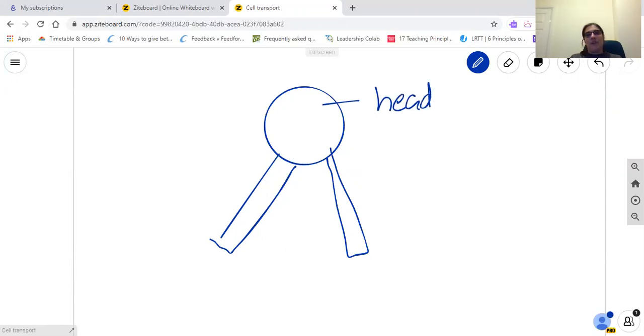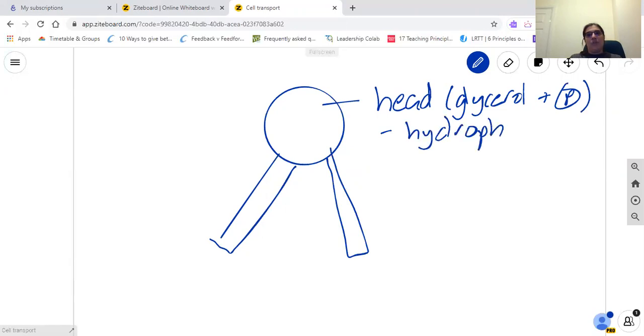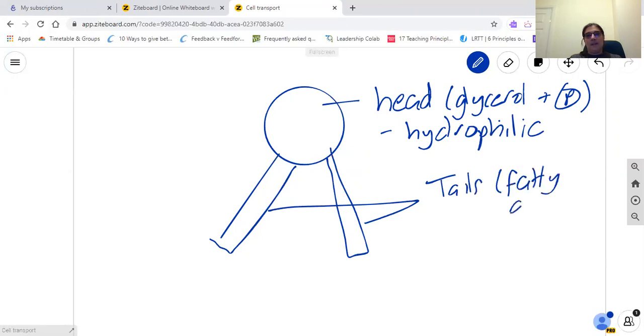It's made up of the glycerol and the phosphate group, and it is what we call hydrophilic, which means it likes water. Whereas these are the tails. They're made up of fatty acids, and they are hydrophobic, which means that they repel water.